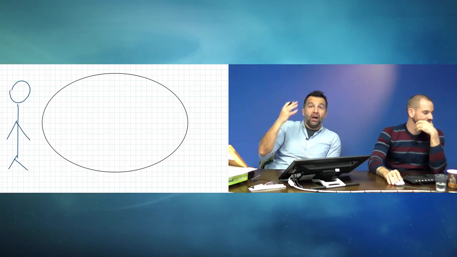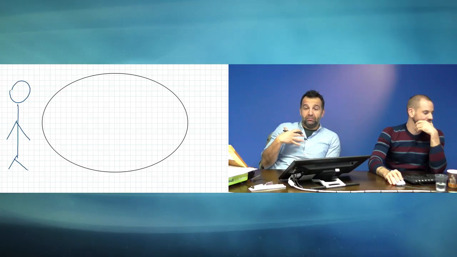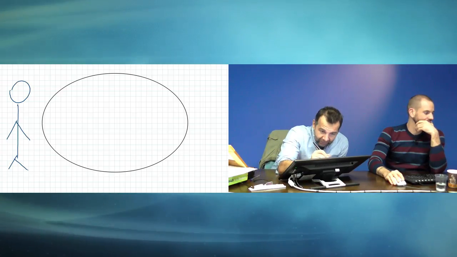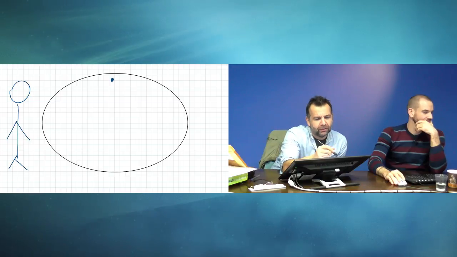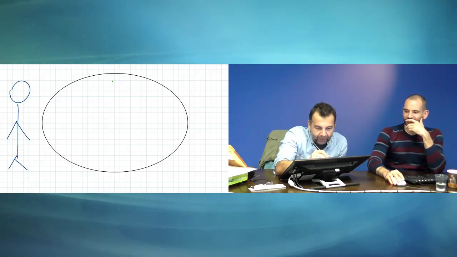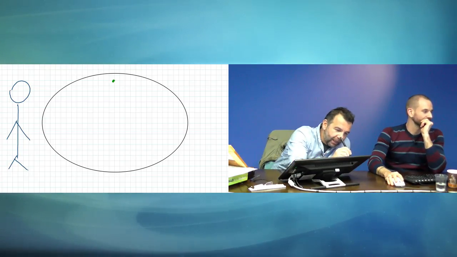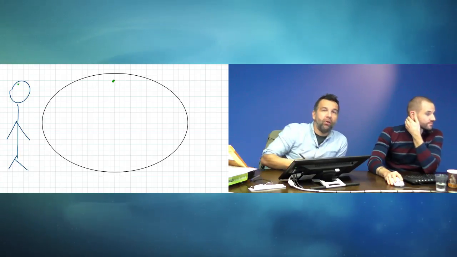And our whole body is managed by what? By one little thing in our brain the size of a pea. Should I draw that green so it's more like a pea? Alright, so this is a pea. And that is it. So in our head, we have one dot, and that governs the whole body.